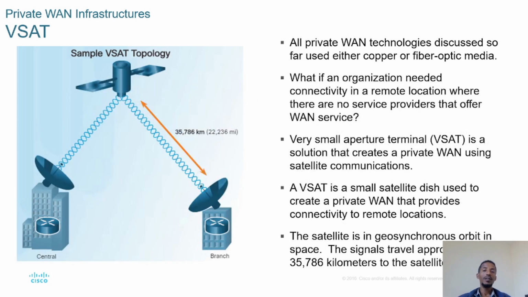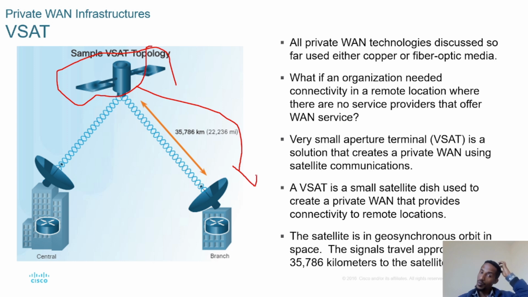So whenever you have a remote user whom you cannot access through cable, where the sites where the users exist are very far, you can only reach them through the satellite, or the VSAT technology, the very small aperture terminal.